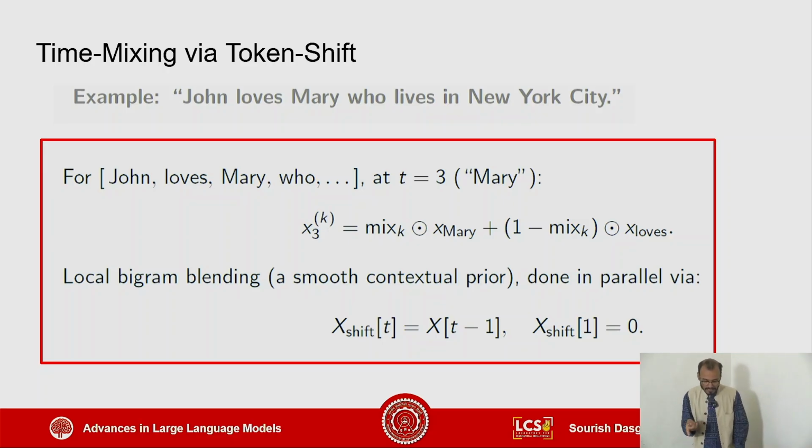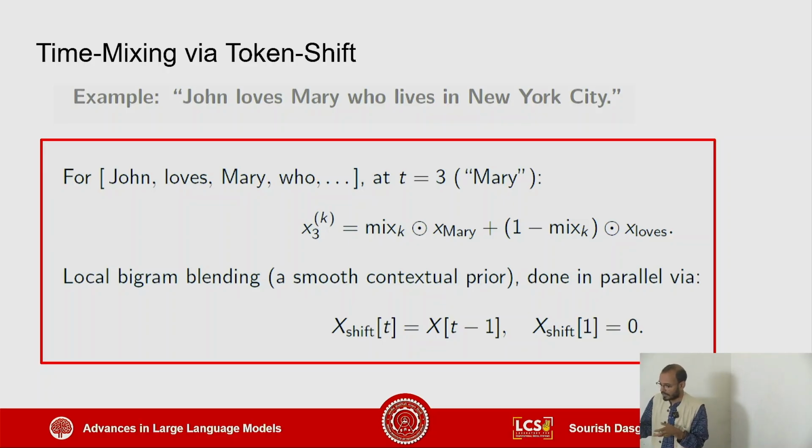Okay, so as an example, let's say for Mary, I just said, right? So you mix up Mary and you mix up loves and you create a mixed key, and similarly you will create a mixed value. And this local bigram blending, the technical term for looking up the previous index by one index shifting, is called token shift.